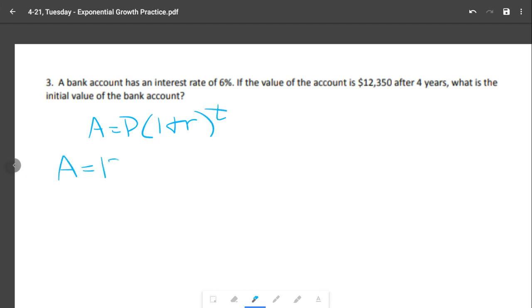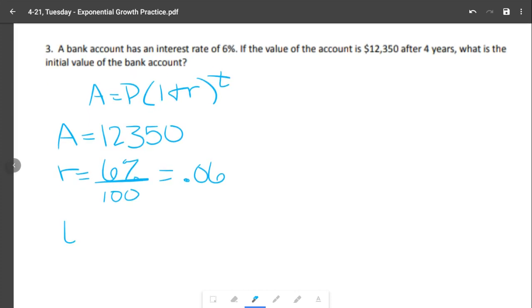The A that's given to us is the $12,350. Our 6% divided by 100, we get 0.06. T is 4. So we are going to plug all of this in and solve for P.